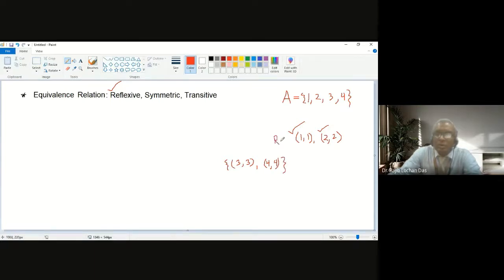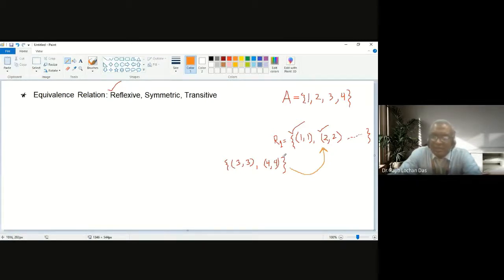So the original relation is R1 and there are many different pairs, and (3,3), (4,4) are not inside R1. So we need (3,3), (4,4). This is another set which needs to be included in the relation so that we can tell this is reflexive.